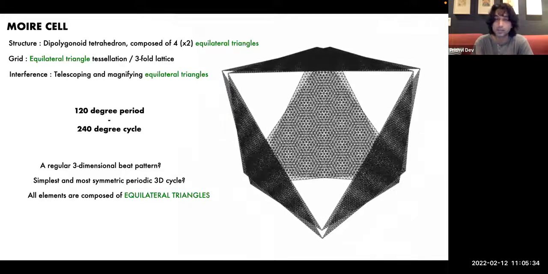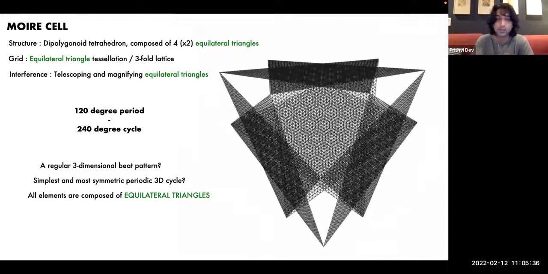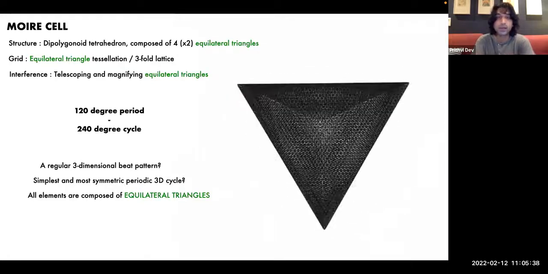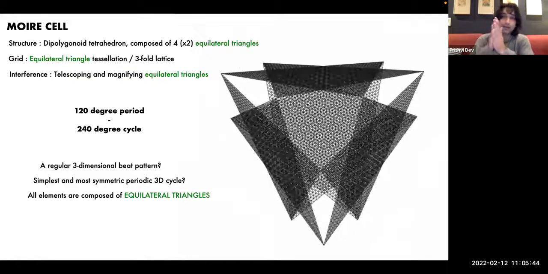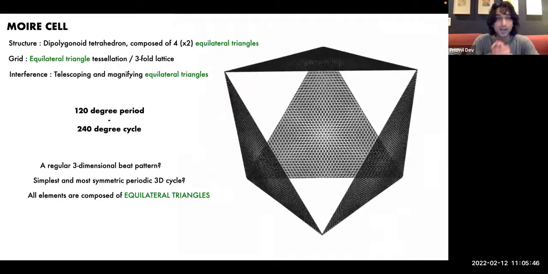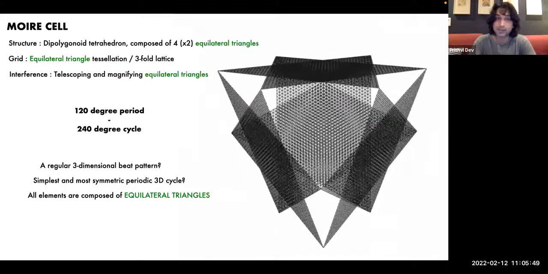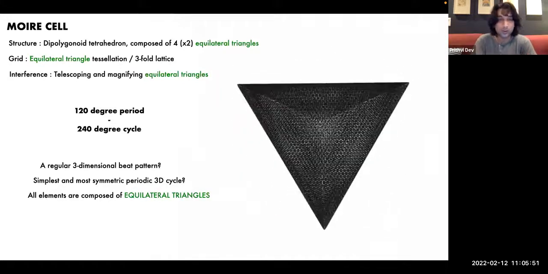So that's 240 degrees: 120 degrees is the expansion and 120 degrees is the contraction. When I'm talking about degrees here, it's literally in 2 dimensions. I'm talking about the triangles rotating 120 degrees. I'm not sure how to explain the motion in 3 dimensions. The only thing in 3 dimensions I know is a dihedral angle, I guess.